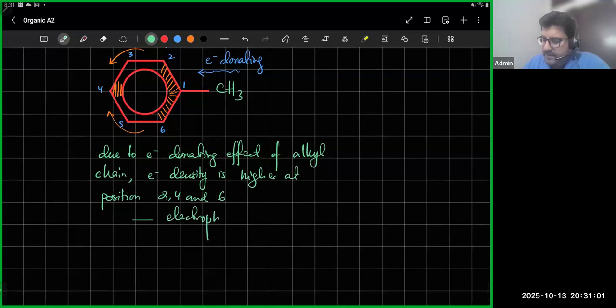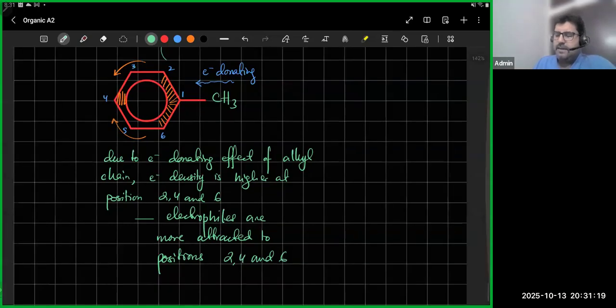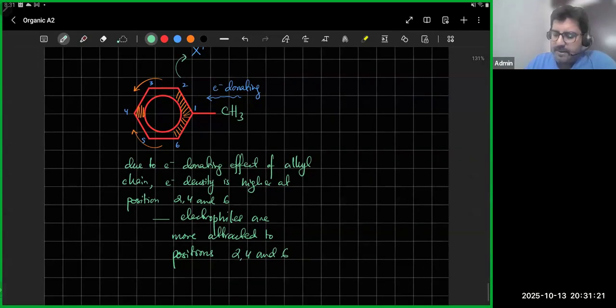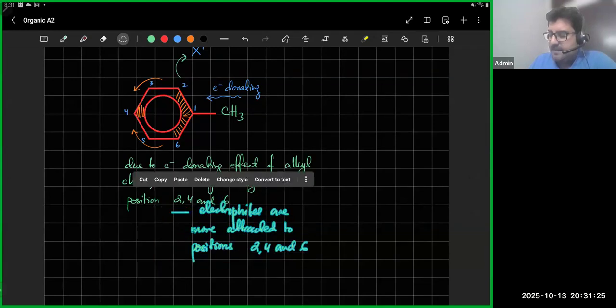So electrophiles are more attracted to positions 2, 4, and 6. Yeah, so that's the only thing that you've got to remember about electrophilic substitution of arenes.